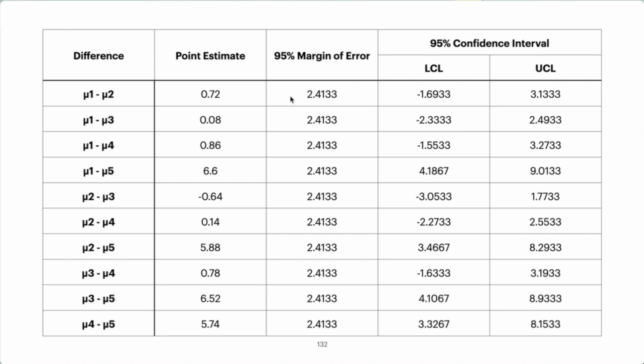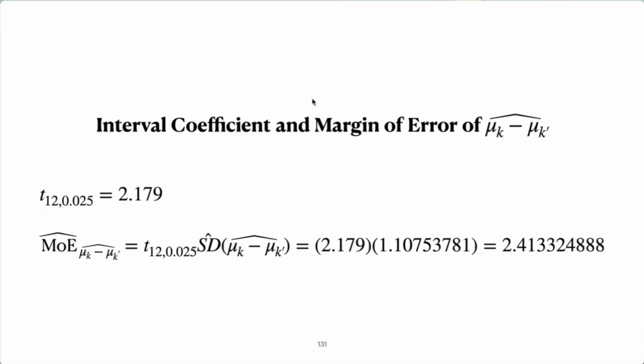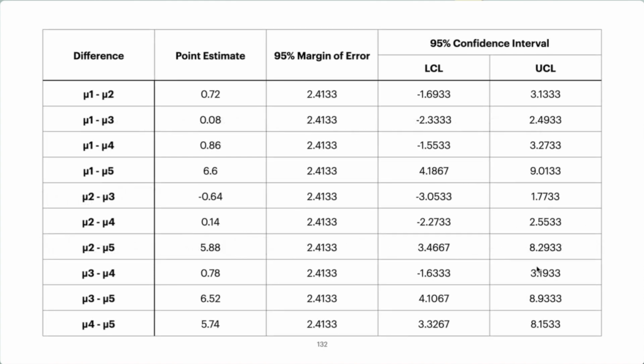In this particular table, as in the previous table that we looked at, where we had the margins of error and the confidence limits, I've actually entered this full precision value. Then I've just indicated in this table to round those values for display purposes only to 4 decimal places.